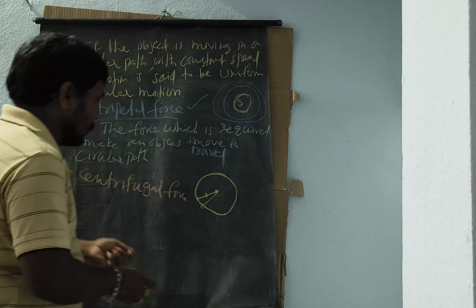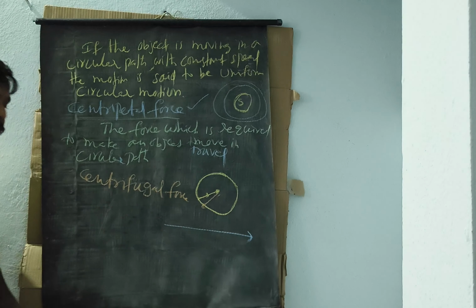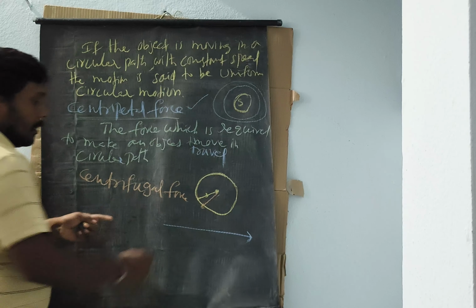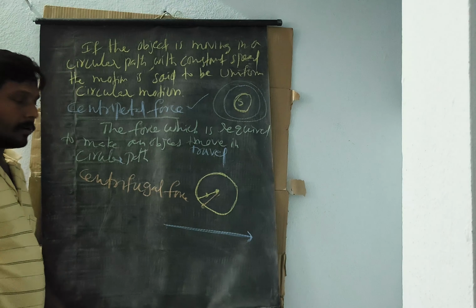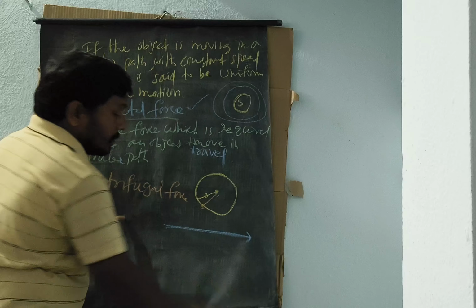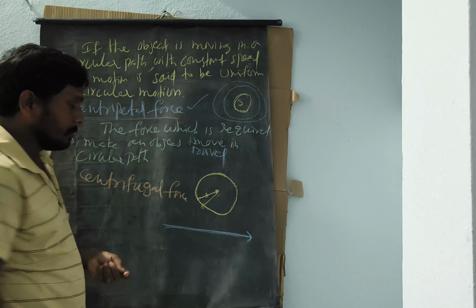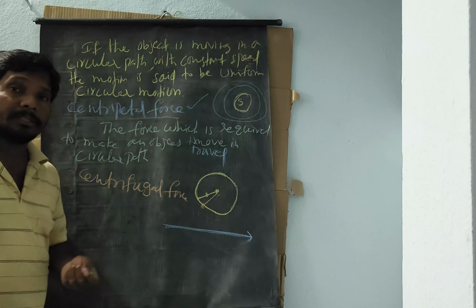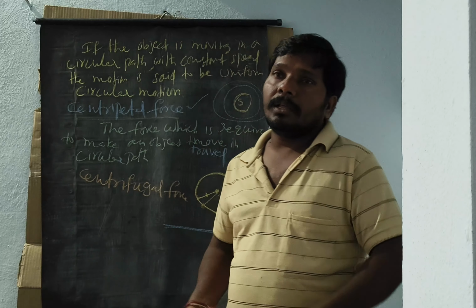For example, if the object is moving in a straight line, then it is not called accelerated, because in a straight line speed and velocity are the same. Due to no change in direction and no change in speed, there is no change in the velocity.